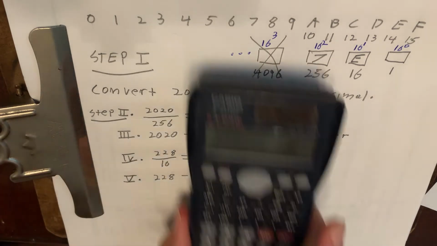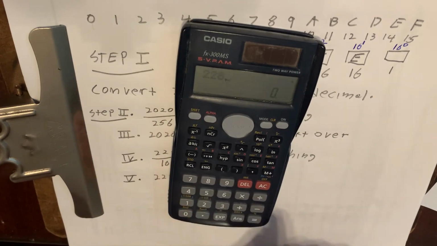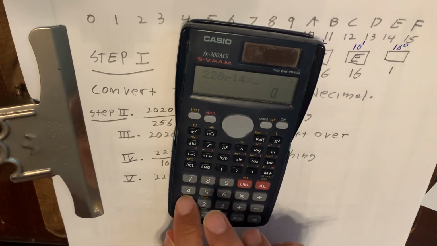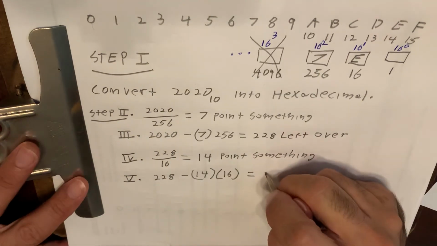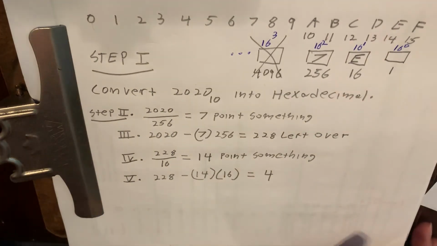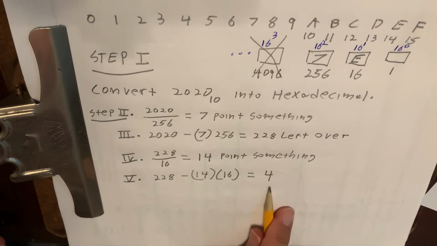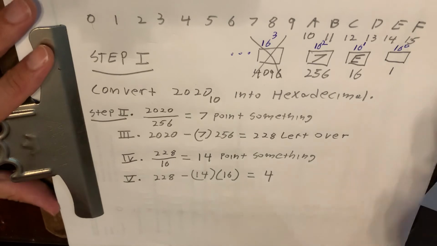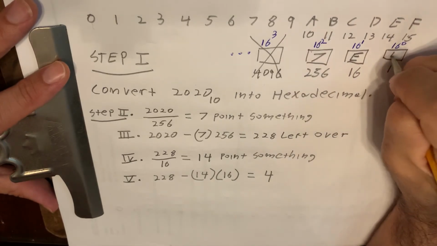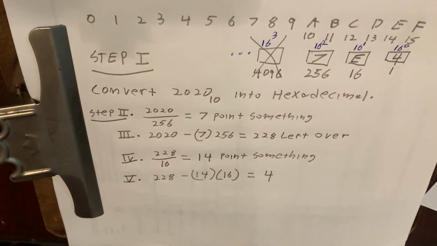So we take 228 minus 14 times 16, and we get 4 left over. And so we have 4 left over. And so now we can put a 4 in the ones place, right?